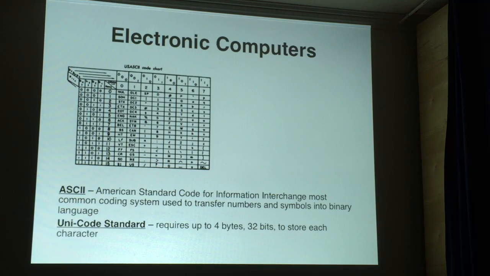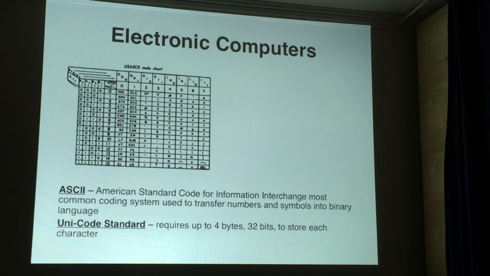Now, a more complicated but easier to read system for humans is called the Unicode Standard. The Unicode Standard uses 4 bytes or 32 bits of information to store each character.